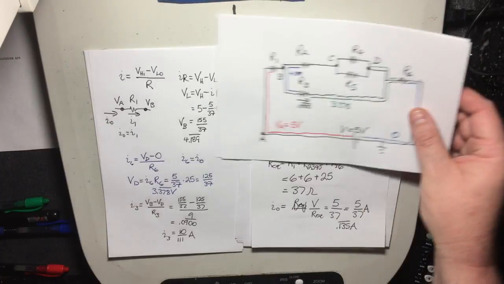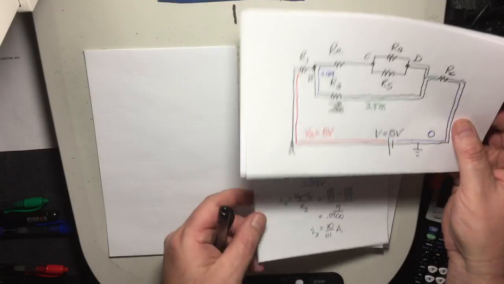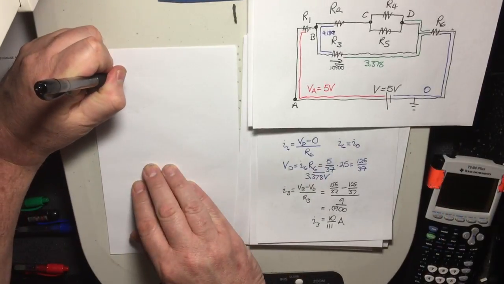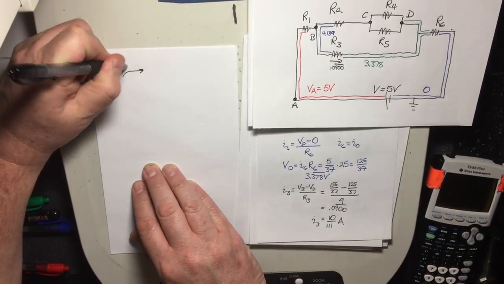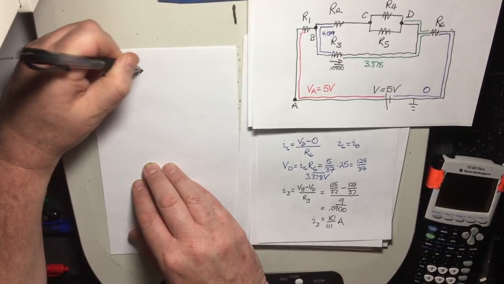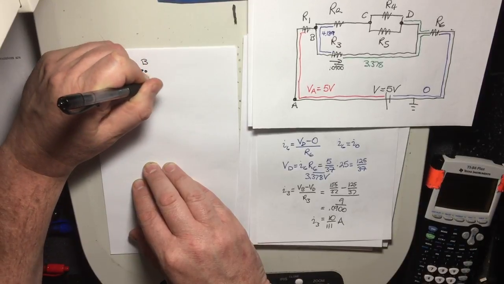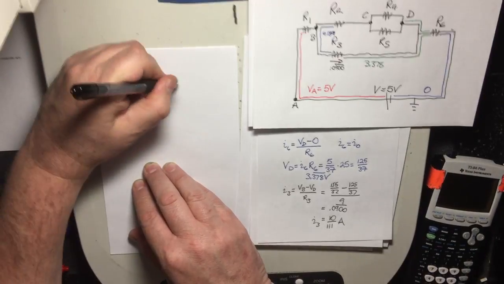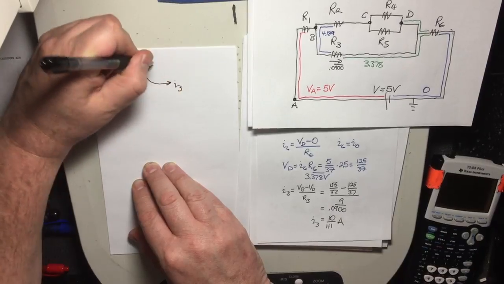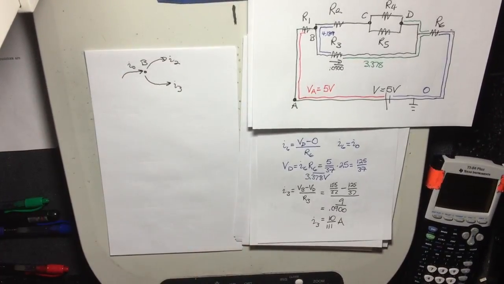However, if you look at node B, you know that I0 (or I1) comes into the node, and you know that I3 and I2 come out.